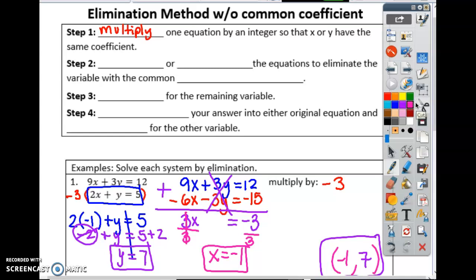I didn't finish the notes up here because it's the same thing we did yesterday. So we would add or subtract, which we added, because I like adding better than subtracting, to eliminate a variable with a common coefficient.